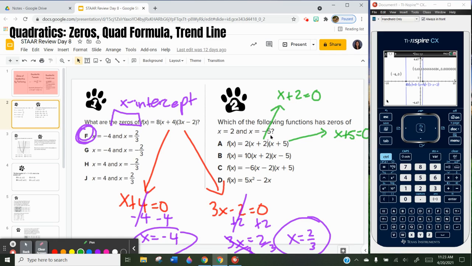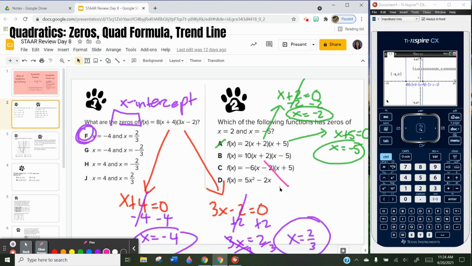The opposite of plus 2 is take away 2, so x is equal to -2. And then this one would be x equals -5, because the opposite of +5 is take away 5. So the two solutions for A are -2 and -5, which means that that is incorrect because I want a solution of +2 and -5.